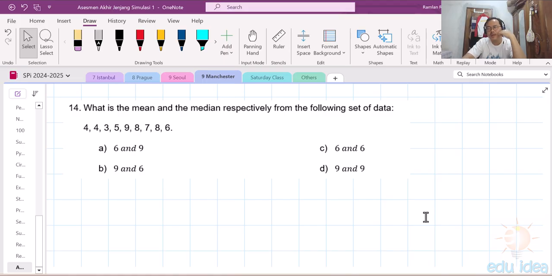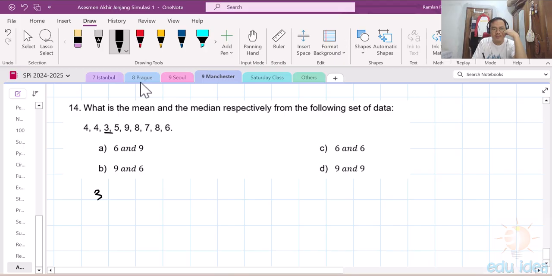Again, if you are just finding the mean, just add everything and then divide it by the total number of data. But if you are also finding the median, you need to put it in order, from the smallest to the largest, the ascending order. Okay, let's just do that.